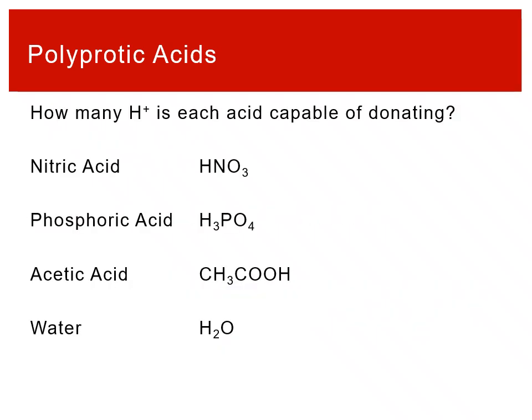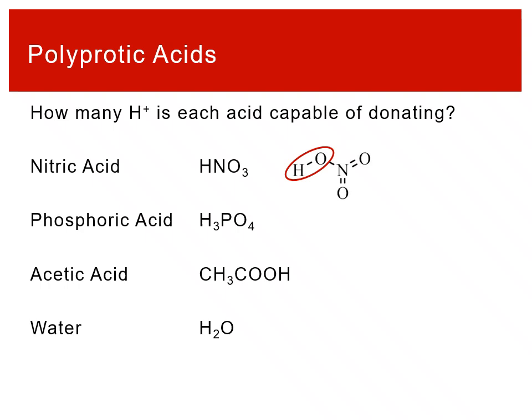So when we're looking at formulas for acids, we want to get some practice and familiarity with identifying when an acid is polyprotic, and not only that, but how many hydrogens could potentially come off of that. So nitric acid, HNO3: if we want to parse out polyprotics, we can look at the Lewis structure, or we could also just look at the formula, because there's only a single H in the formula, so that is going to be just one.